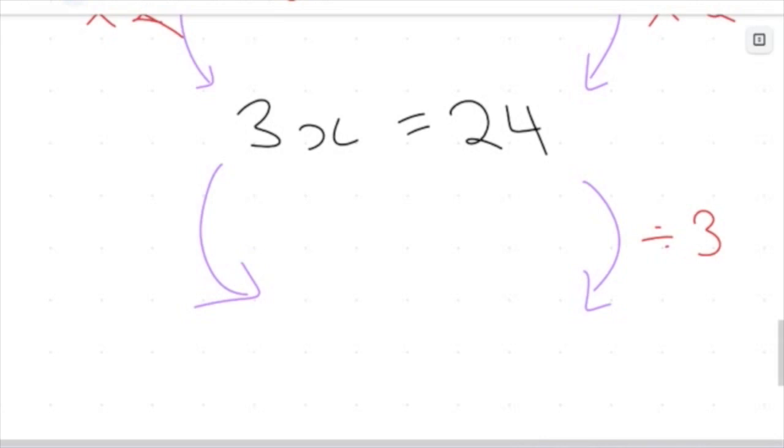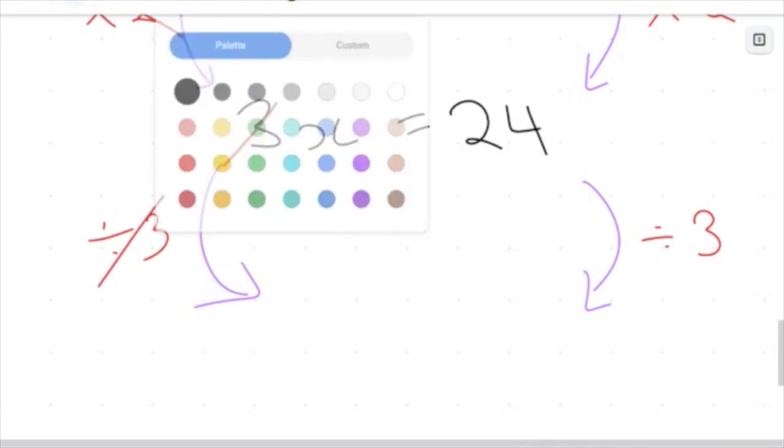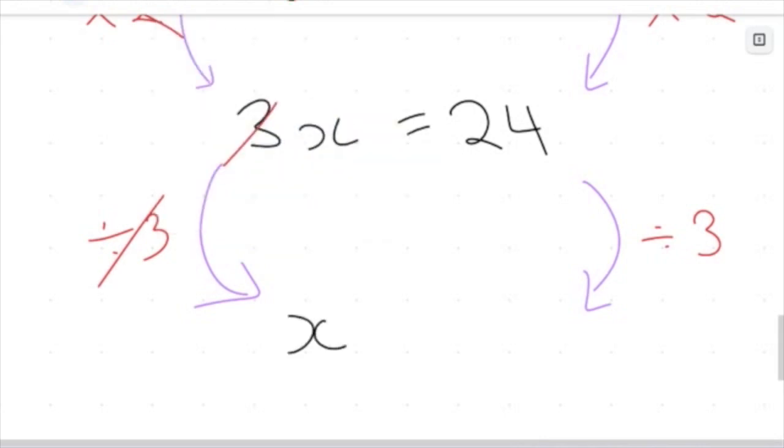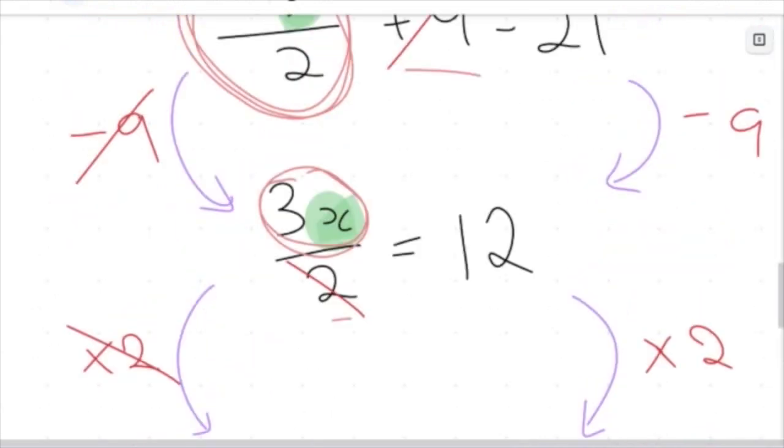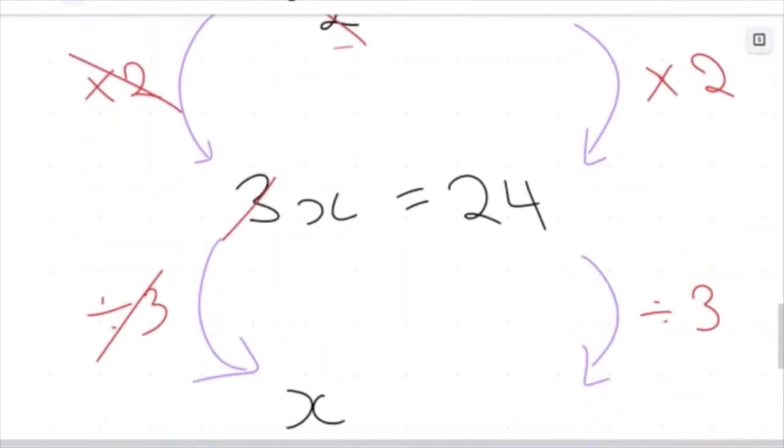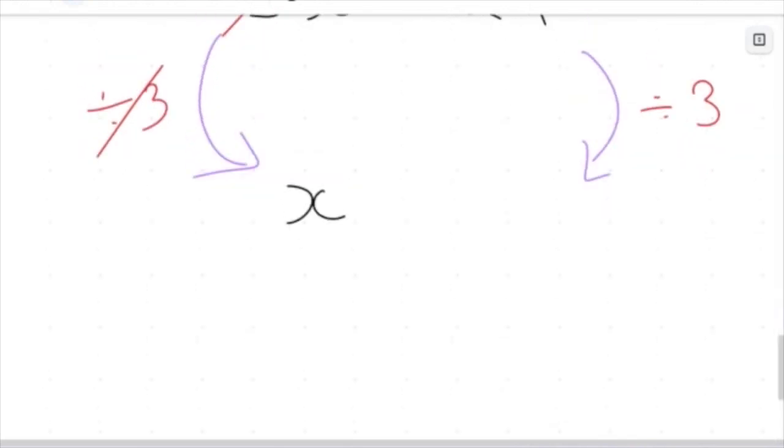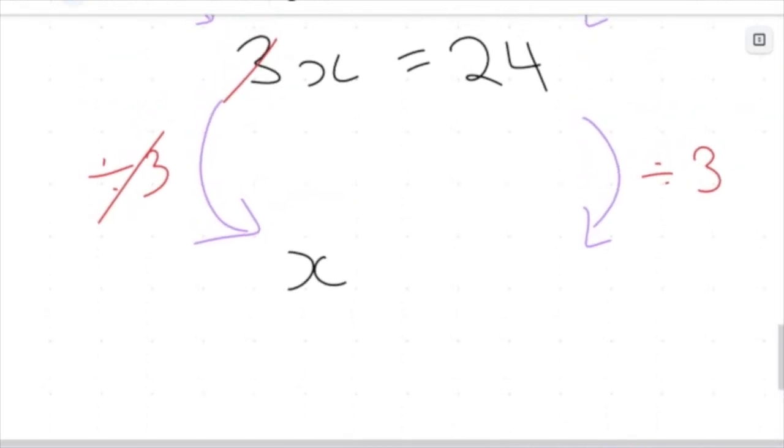So my something, sorry, should be 24 divided by 3, which brings me to my x finally. We've taken all these steps and we've slowly just built to a value for my unknown pronumeral x. And that is going to be 24 divided by 3 gives me 8.